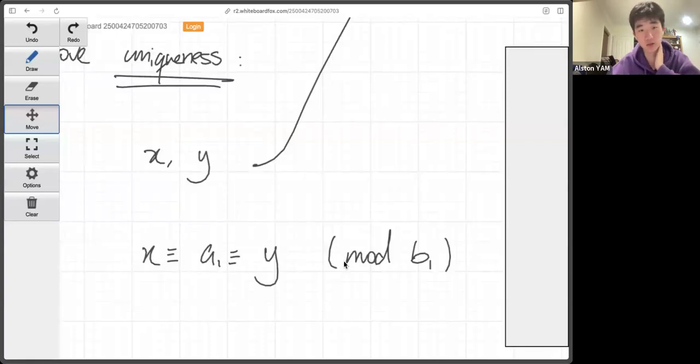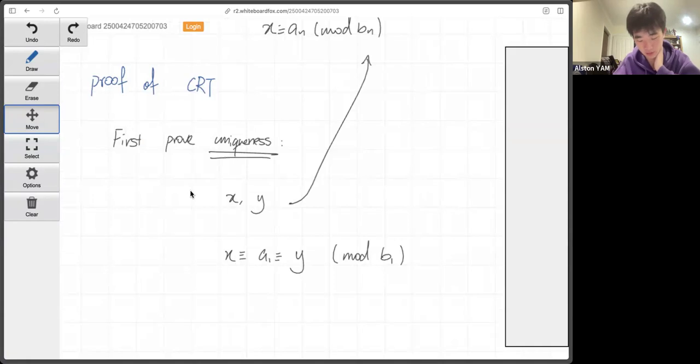That's just using the condition that, for the sake of contradiction, suppose we have x and y that satisfy this, because we want to prove that it doesn't work, right? So we have x congruent to a1, congruent to y under mod b1.